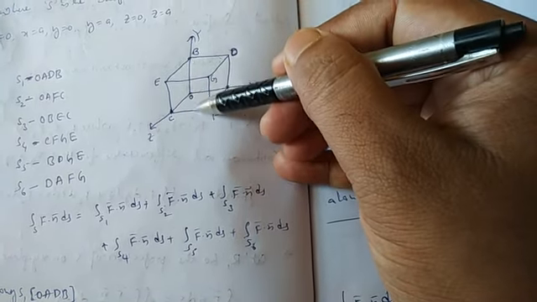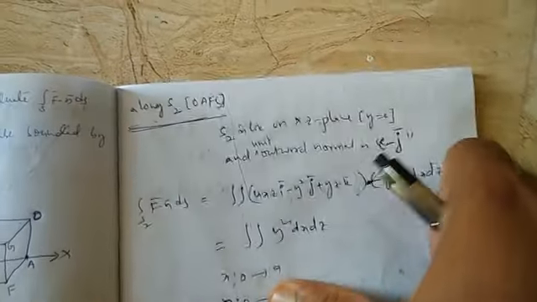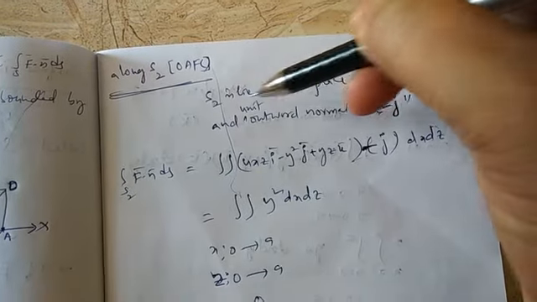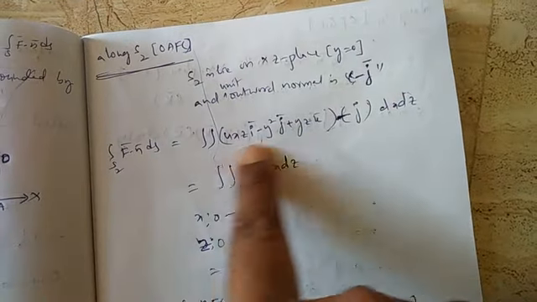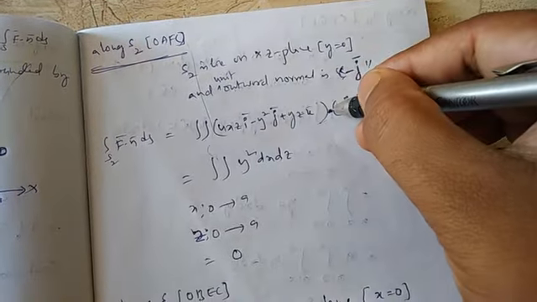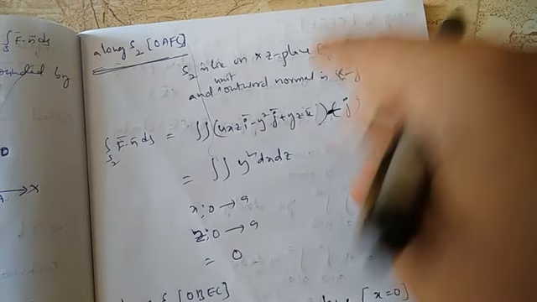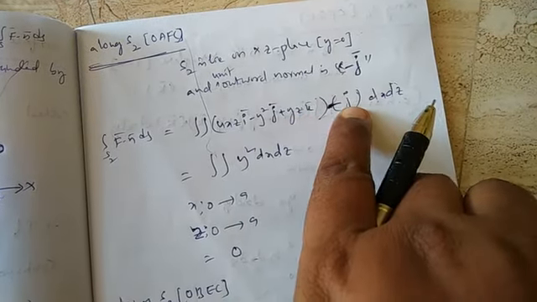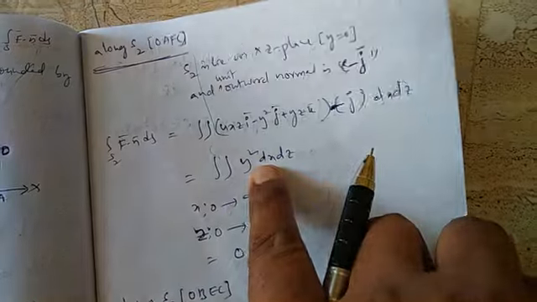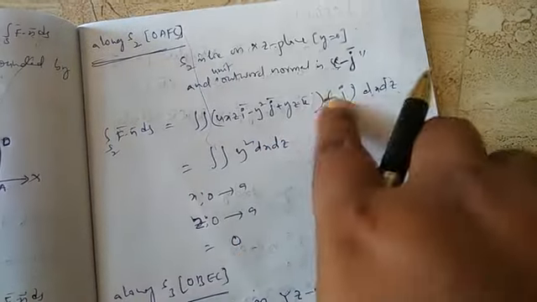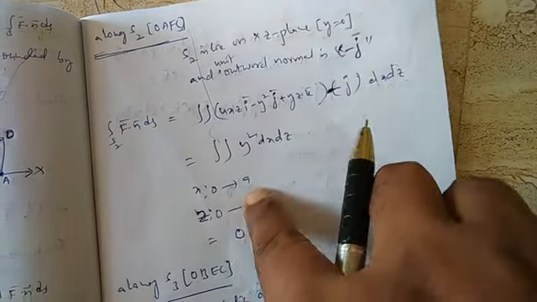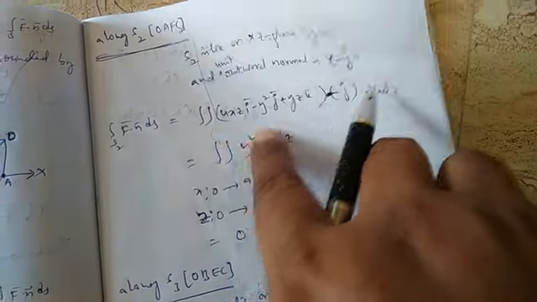Outward normal is the opposite direction, minus j. Now here y equals 0, unit outward normal is minus j. Now F dot n dS equals the dot product with minus j. Now minus j into minus is plus y square dx dy. Now the y value is 0, simply this value is 0. Of course x and z vary from 0 to a, but it does not depend on that, simply the integrand is 0, integration is 0.